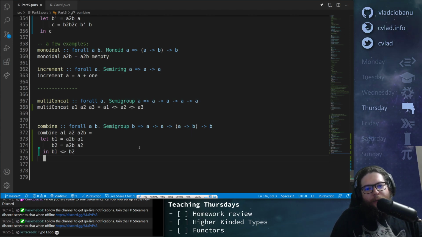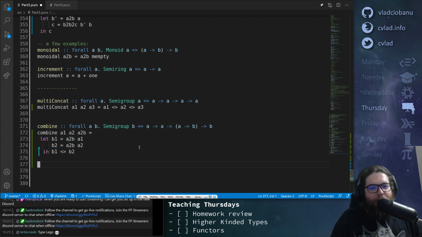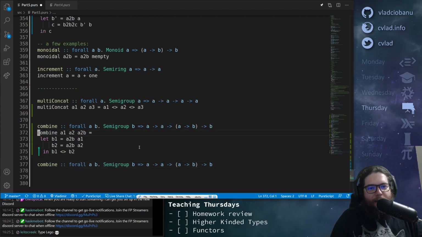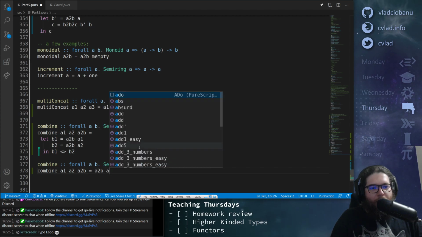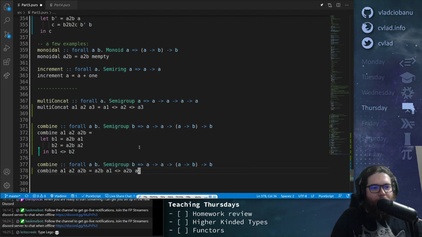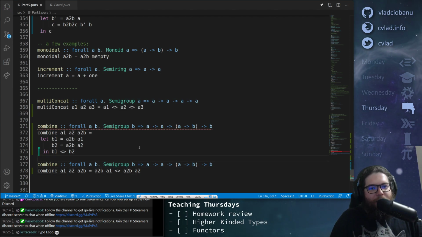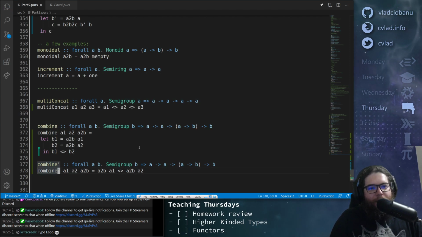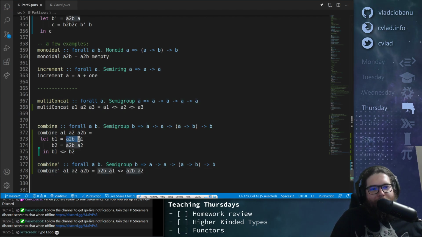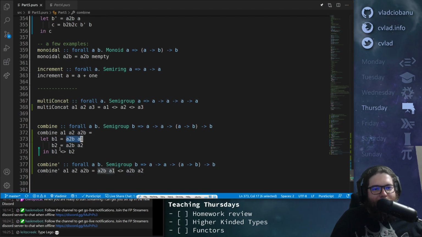I also want to make sure that, while I think it's a good idea to use this syntax because it will make it clear how this works, you understand that it is exactly the same thing. I'm just going to copy these two parts. It's exactly the same as saying A to B A1 combined with A to B A2. Basically you can just replace B1 with its right hand side, replace this with this, and then you have exactly this.